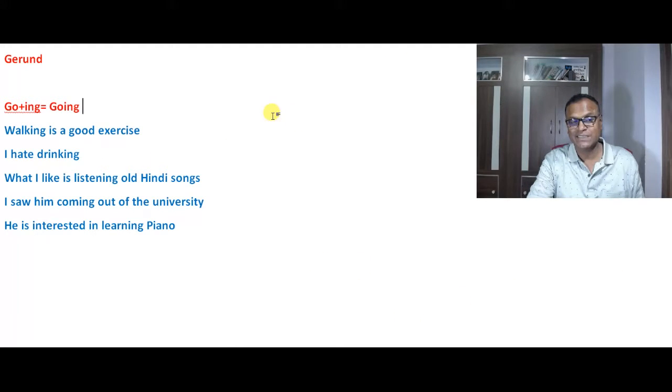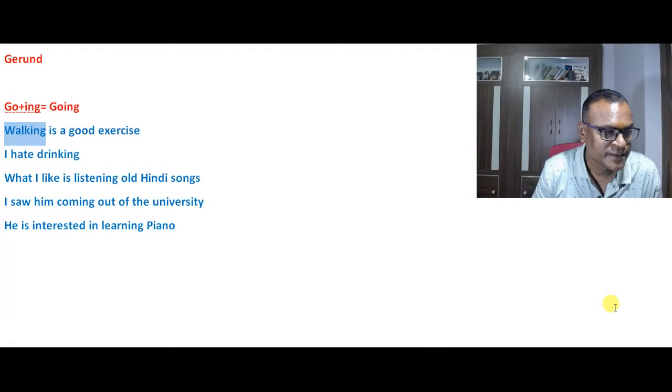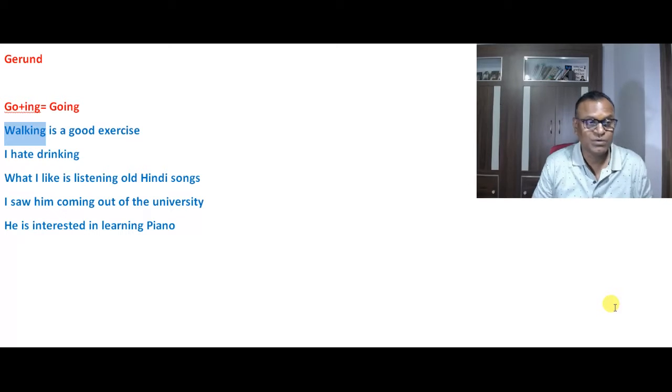The first sentence I have written here, walking is a good exercise. So you see that walking is a subject definitely here, but it's a noun and it's a subject, walking.